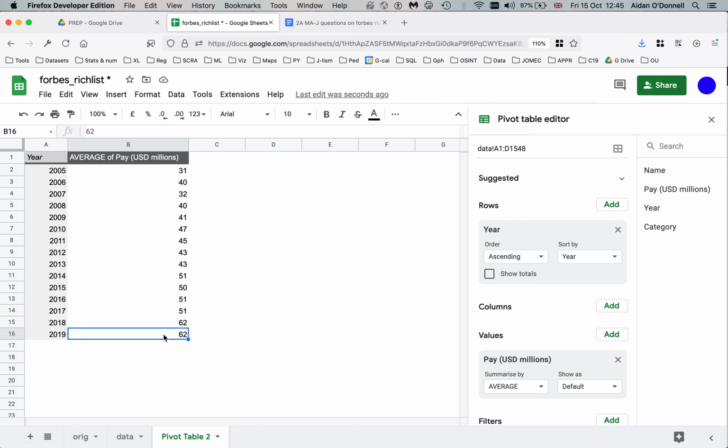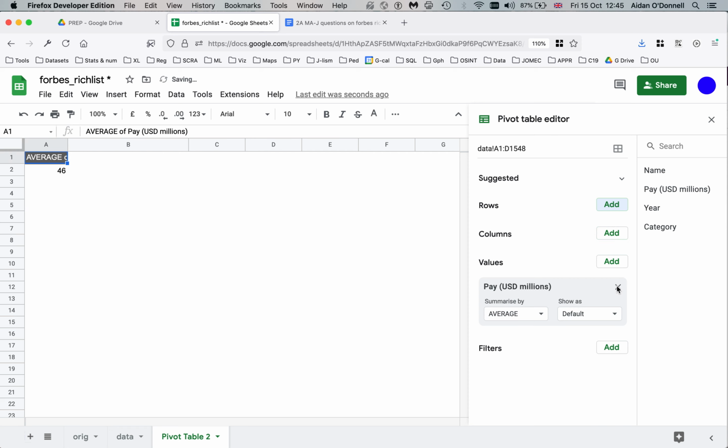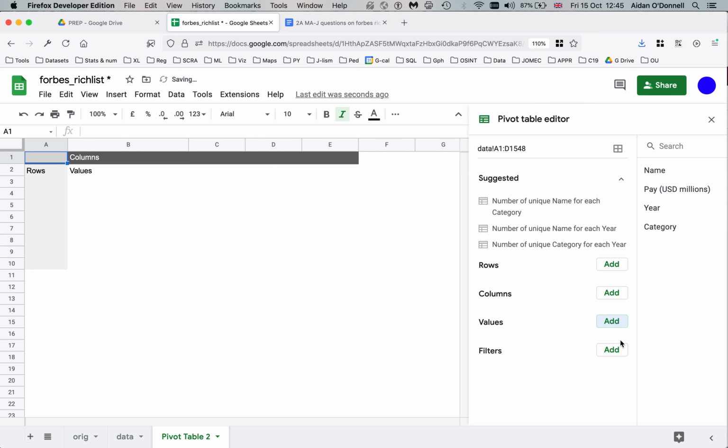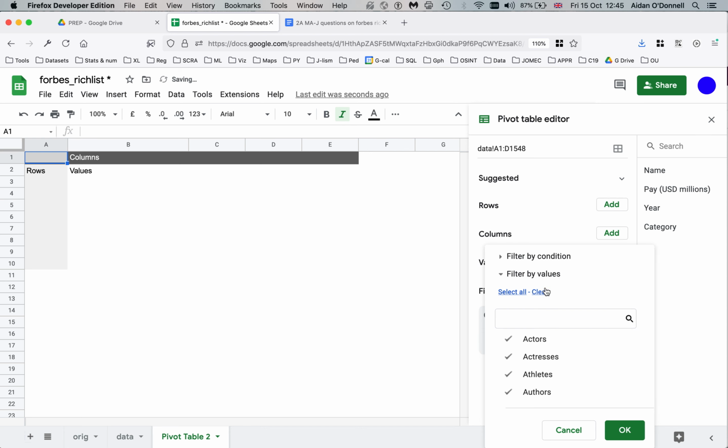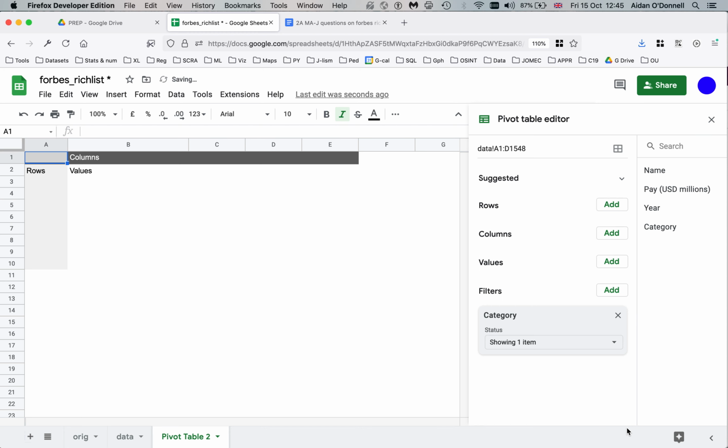And finally, which comedian had the best single year's earnings over the last 5 years? Let's filter for categories so that we're only looking at comedians. And let's put another filter in for year.